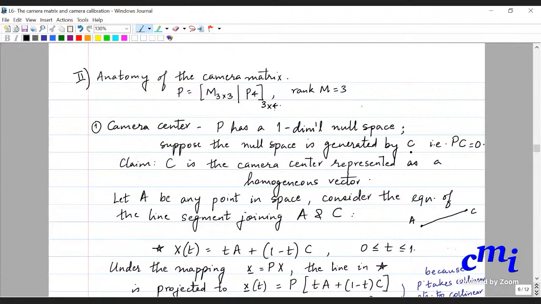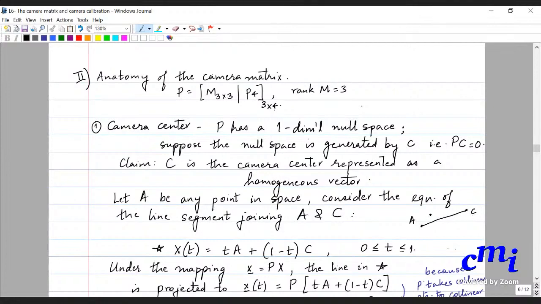Since C is in the null space of P, this means that PC is 0. My claim now is that this C, which is the generator of the null space of P, is the camera center in homogeneous coordinates, of course. So let's prove that. Suppose A is some point in space, and C is our vector, which is the generator of the null space.